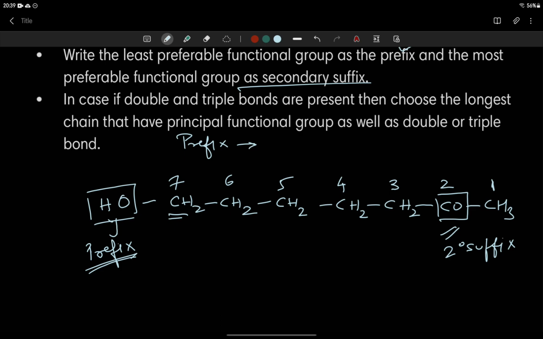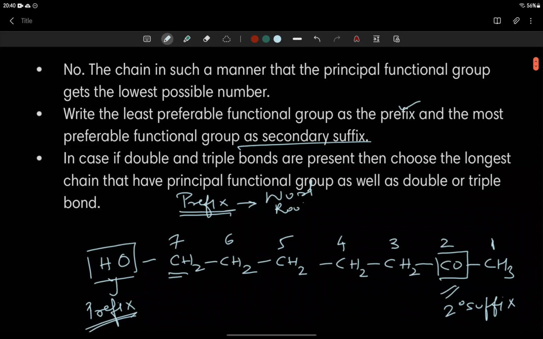Prefix is any alkyl substituent, alkyl group. Here no alkyl group is present. So in the prefix we write the alkyl group or the least preferable functional group. In case of polyfunctional groups, the functional group which is least preferable, which comes later in the priority order, we write the name of that in the prefix. After that we write the word root.